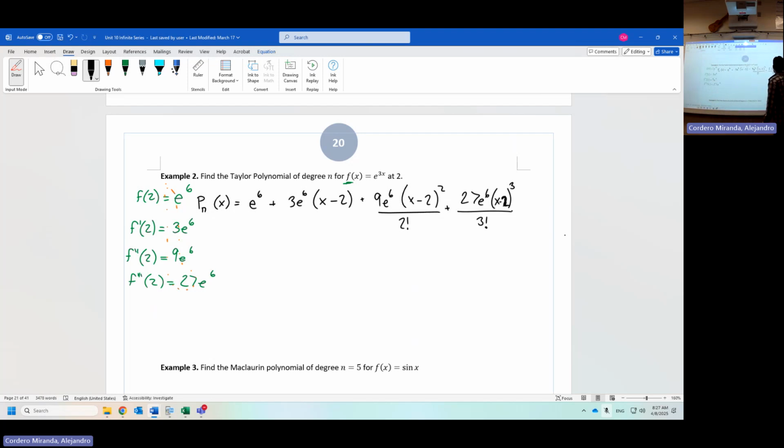Plus dot, dot, dot, plus the nth one would be, well, we agreed the nth derivative at 2 would be 3 to the n e to the 6th. So this would be 3 to the n e to the 6 times x minus 2 to the n over n factorial.